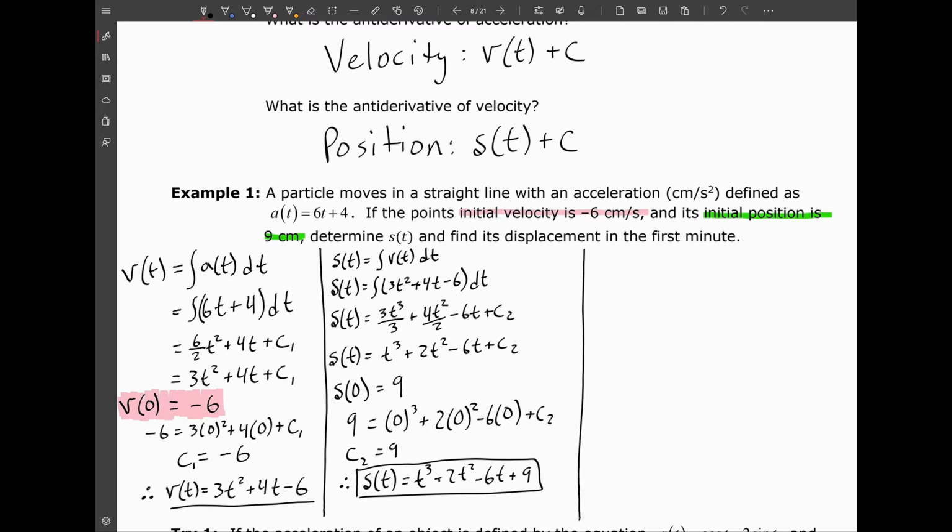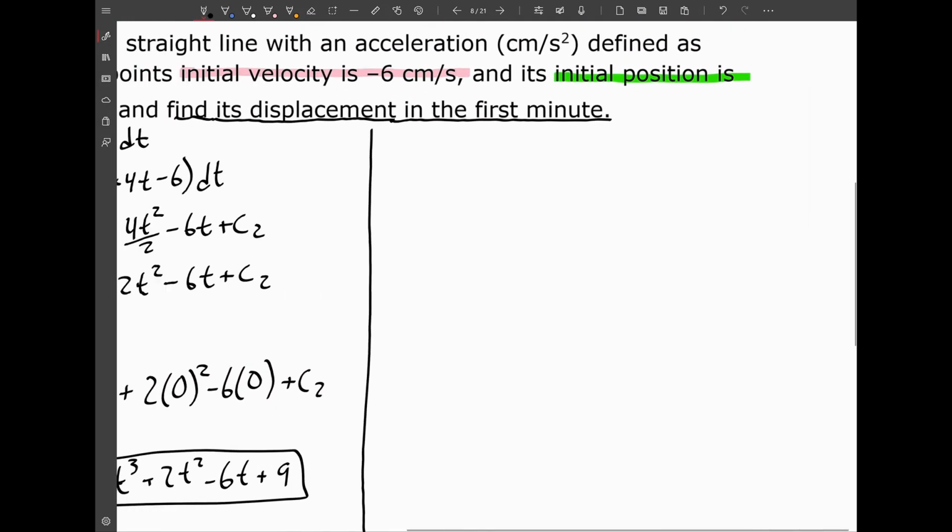Now, there is one last thing we need to do. We've determined s of t, that's great, but now we also need to find the displacement, which is change in position, in the first minute. So displacement is the total change in position compared to our starting point.